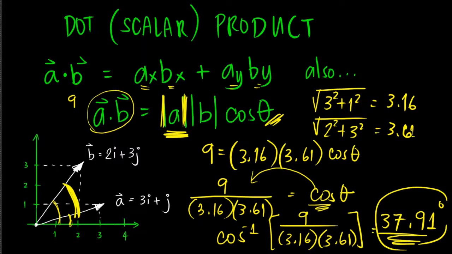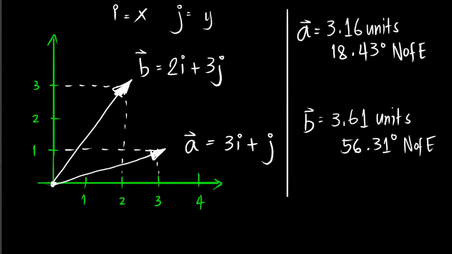To verify, since this is only 2D, the angle of B minus the angle of A should work. It doesn't work that way all the time, but in this situation, it works. We have 37.91. The angle of B is 56.31 minus 18.43.